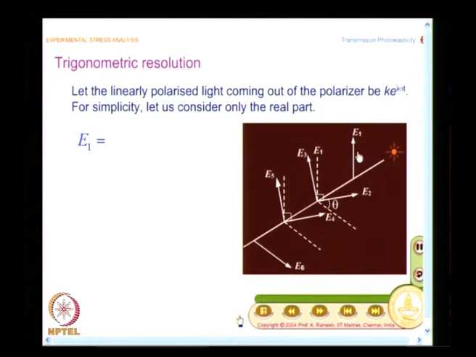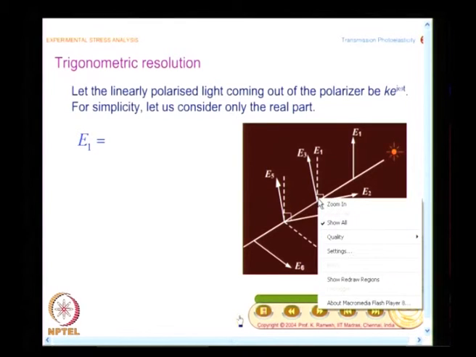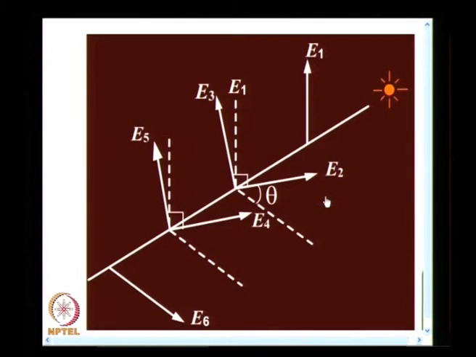And let us look at how we can label the axes when the light passes through the model, and we will also have a larger picture of it. So, what I have is a light source, and the first optical element is the polarizer, which is labeled as E1. Then what happens?